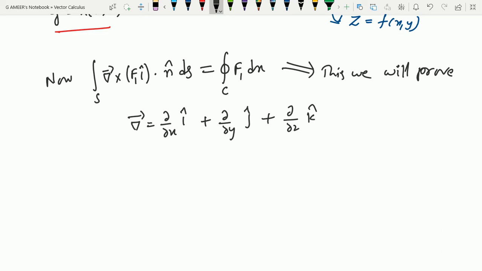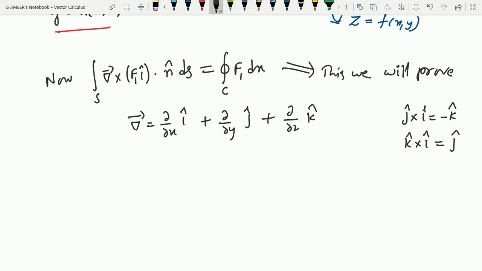So we know that j cross i will be minus k, and k cross i will be equal to j.